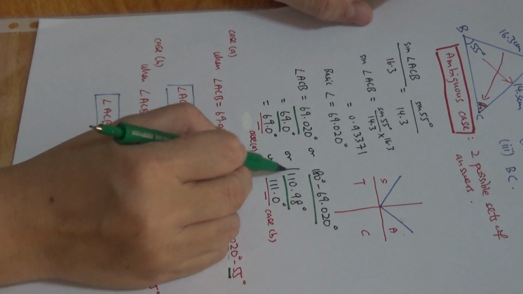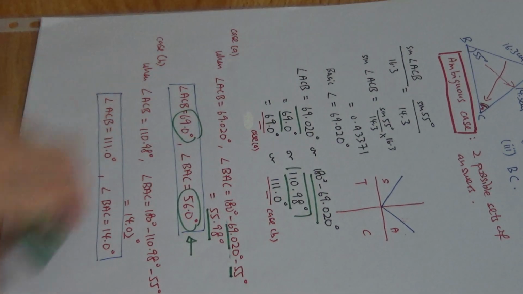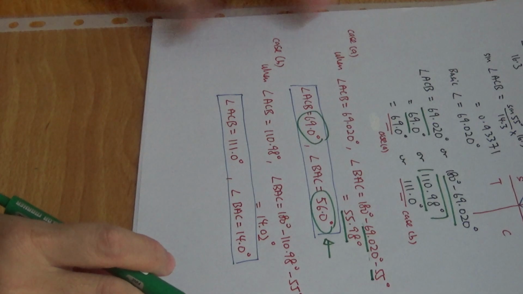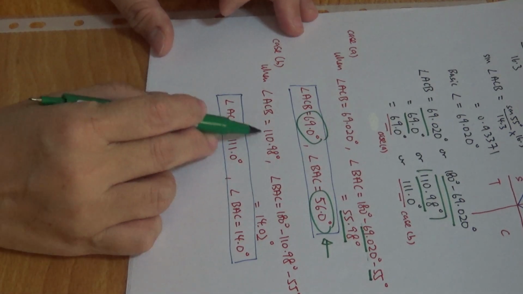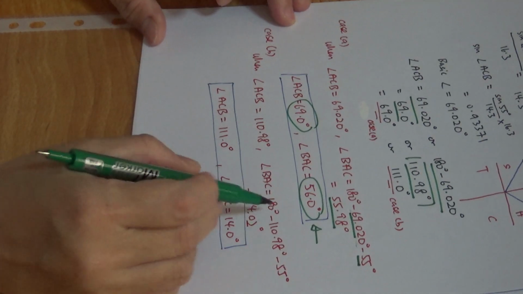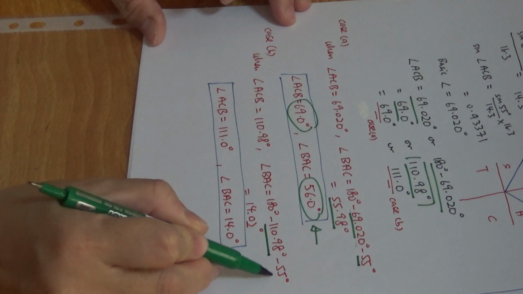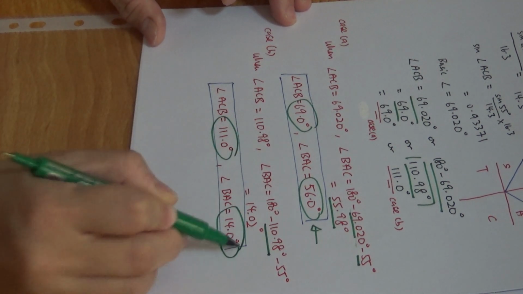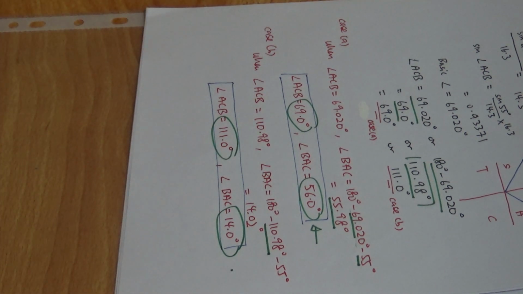Then remember we have this other answer also. Case B is when angle ACB is 110.98 degrees. So you get 180 minus this, and you get another set of answers. Both answers are possible, so there are two cases.